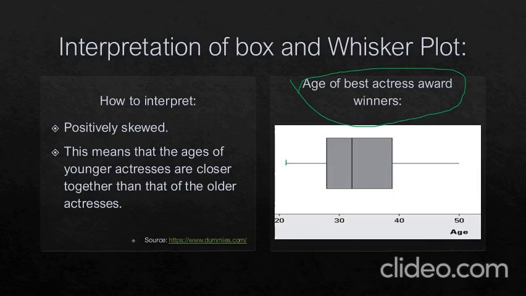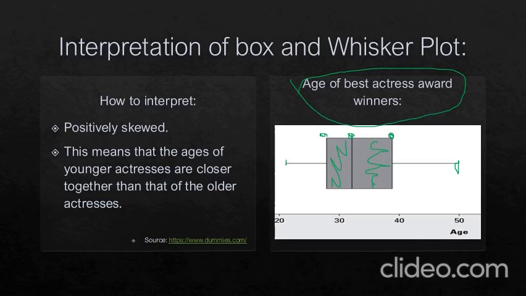Minimum, maximum, Q1, Q2, Q3. I hope you were able to identify all 5 of those important values. If we look at how to interpret this, however, we can see that it is positively skewed because this part of the box is much smaller than this part of the box.